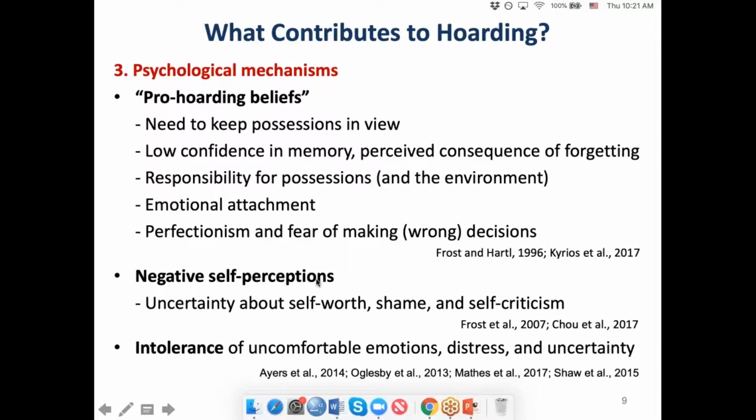A few newer concepts that are starting to be found to be associated with hoarding include negative self-perceptions. The newer research has been finding that uncertainty about self-worth, shame, and self-criticism are very significantly associated with the severity of hoarding symptoms, and also intolerance of uncomfortable emotions, distress, and uncertainty.